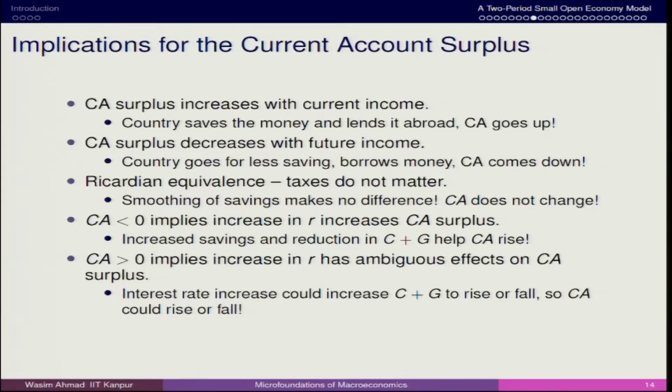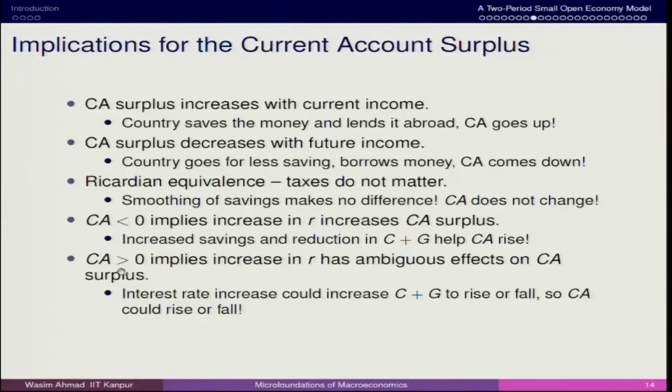So current consumption declines. If current consumption is declining, C plus G declines, which means that some amount of money is being left out, and this money can be channeled to the CA surplus. Now CA greater than 0, again the same dimension that we can introduce here by lending and borrowing.